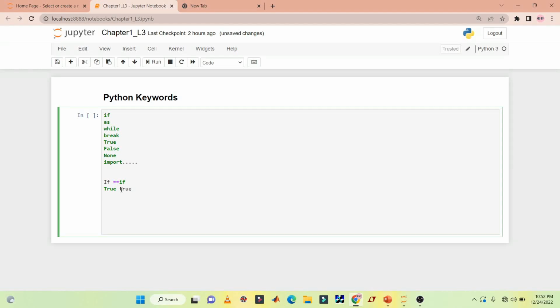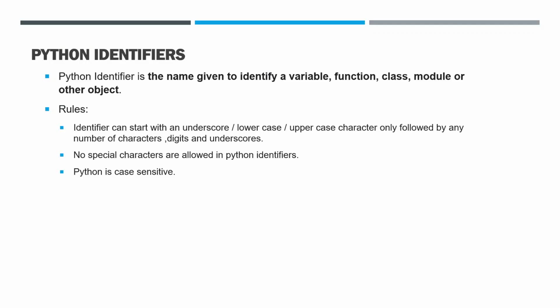So what do we mean by identifiers? Let us now learn what are identifiers and how to use them. A Python identifier is the name given to identify a variable, function, class, module or other object in Python.